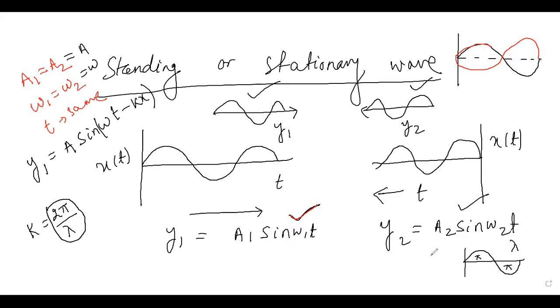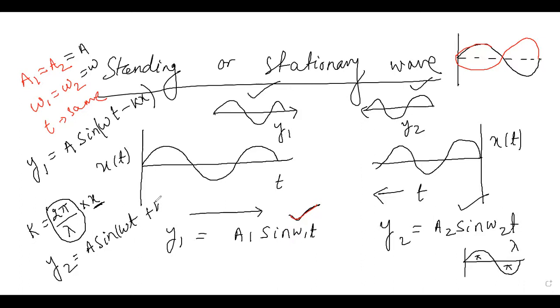So 2 pi by lambda is the unit phase, multiplied by x, the distance covered. So we can write a sine omega t minus kx, and the other equation y2 can be written as a sine omega t plus kx.